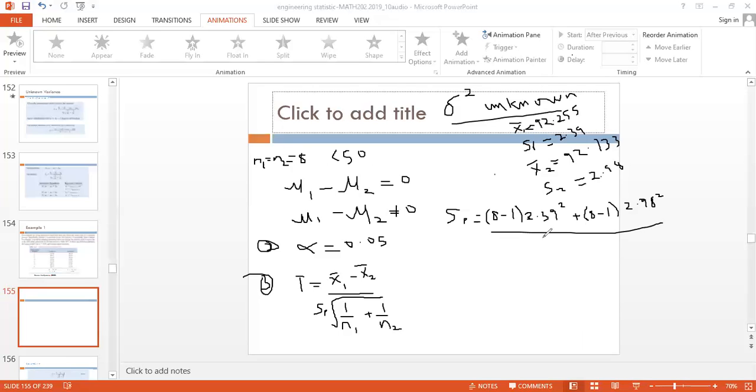Over 8 plus 8, which is 16, minus 2, which is 14. So calculate it for me: 7 times 2.39 squared plus 7 times 2.98 squared, over 14.